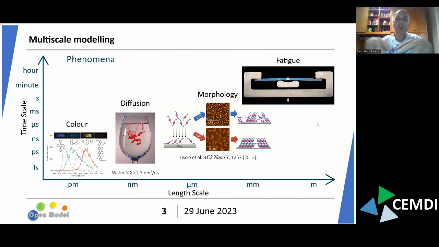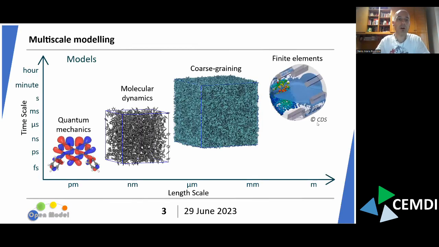Then we see the propagation of cracks in metals, for instance. Each of these phenomena requires a different model. This is a classic example of different methods suitable for different phenomena: quantum mechanics, so electronic structure calculations, classic molecular dynamics with atomic detail, coarse graining, and finite elements for the simulation of devices.